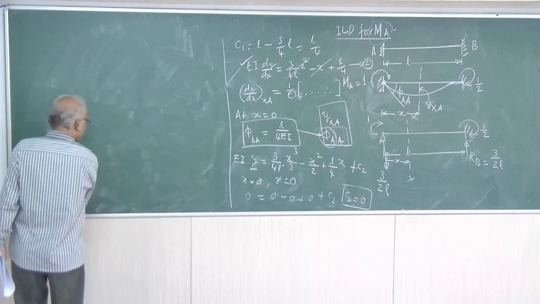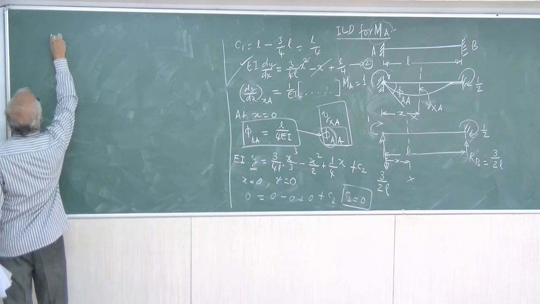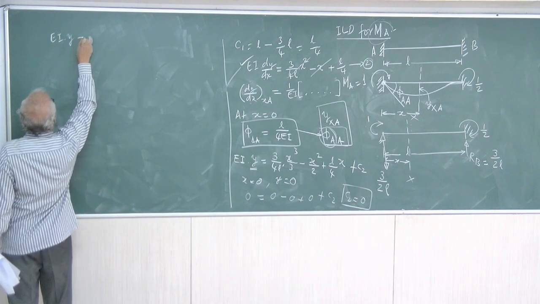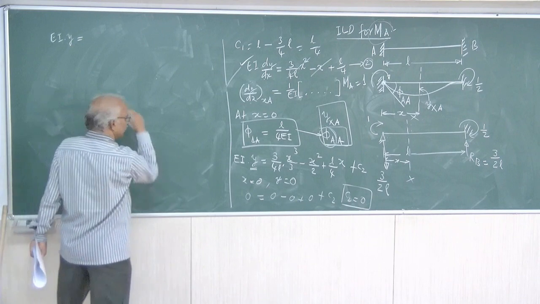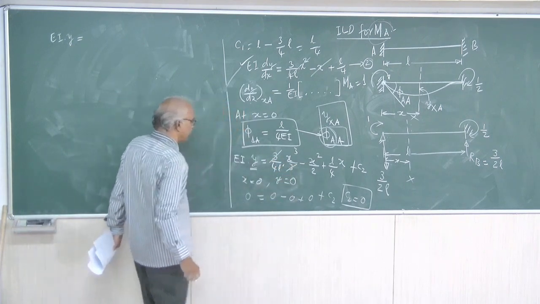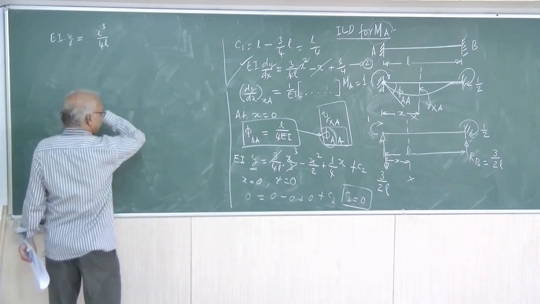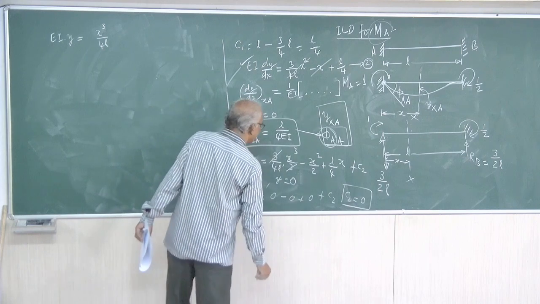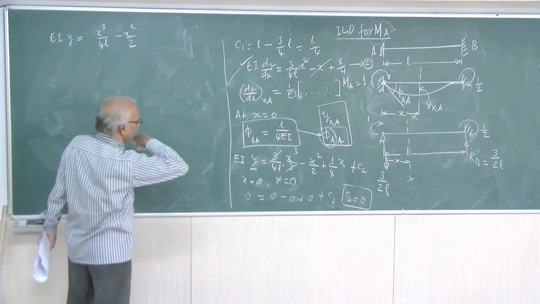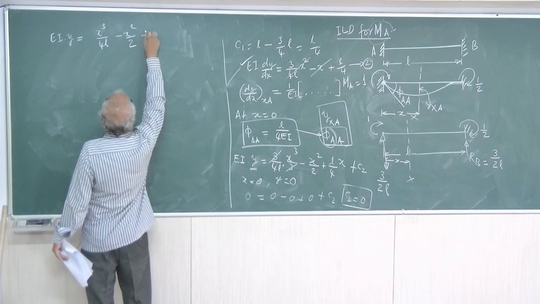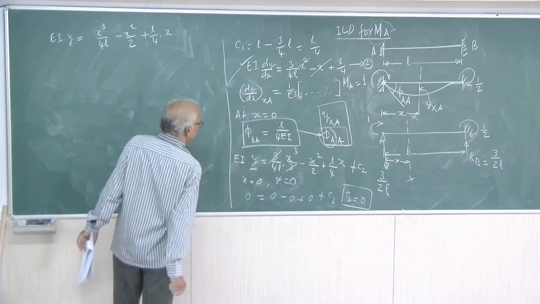Right. Now, rewriting this equation, EI into y equal to 3 by 12L, this 3 and 3 can be cancelled, x cube by 4L minus x square by 2 plus L by 4 into x plus C2, with C2 equal to 0.